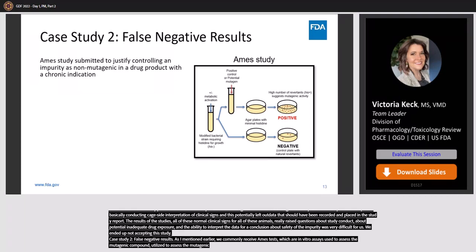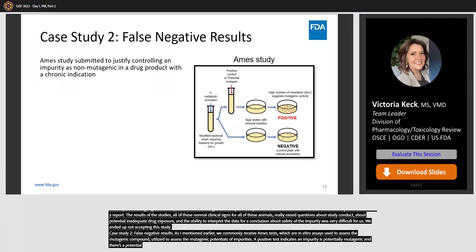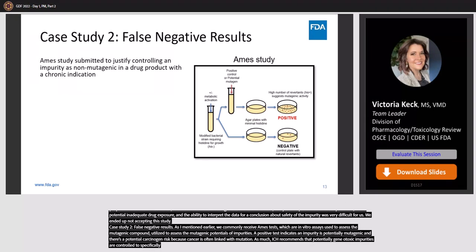A positive Ames test indicates that the impurity is potentially mutagenic and therefore is a potential carcinogen risk because cancer is often linked to mutation. As such, ICH-M7 guidance recommends that potentially genotoxic impurities are controlled to specifically low levels which are linked to risk of cancer.